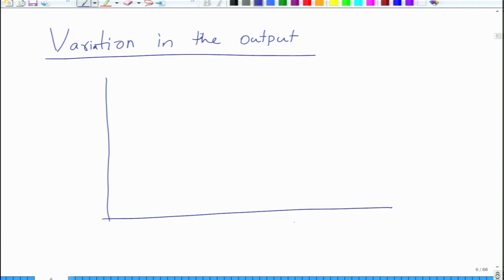So, this is as a function of time in hours. Somewhere here you have AM, somewhere here you have PM.